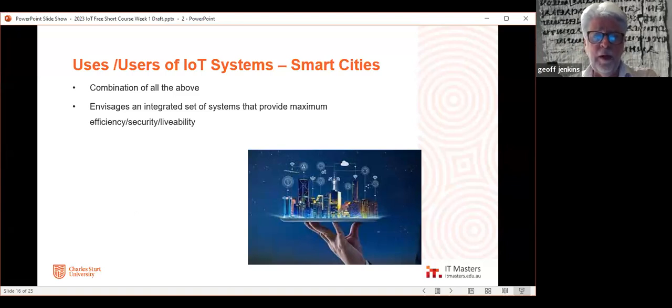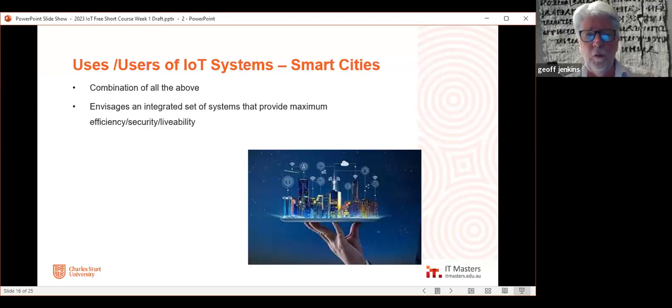One of the things about smart cities was the inclination of government to focus IoT systems in one place, not to spread them around. So we had certain smart cities and all the rest of the cities are stupid. And that hasn't worked very well.